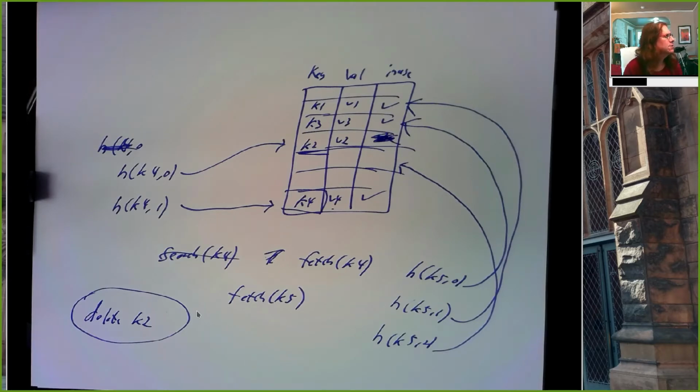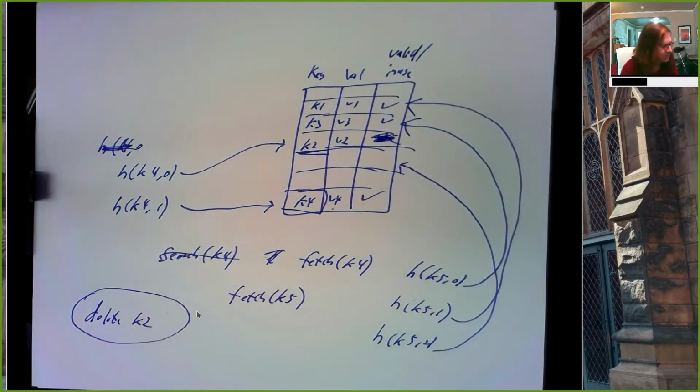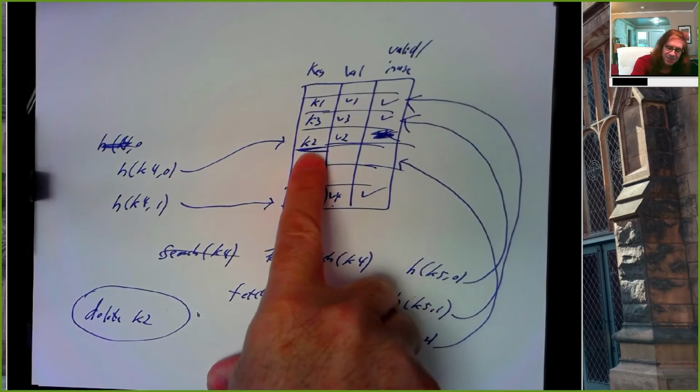Not checking all the in-use nodes. Let's see. Is what not checking all the in-use nodes? So first of all, just to be clear, my valid and in-use, I'm treating those as the same, just a different name. So to delete, really all we need to know is we need to find the key.